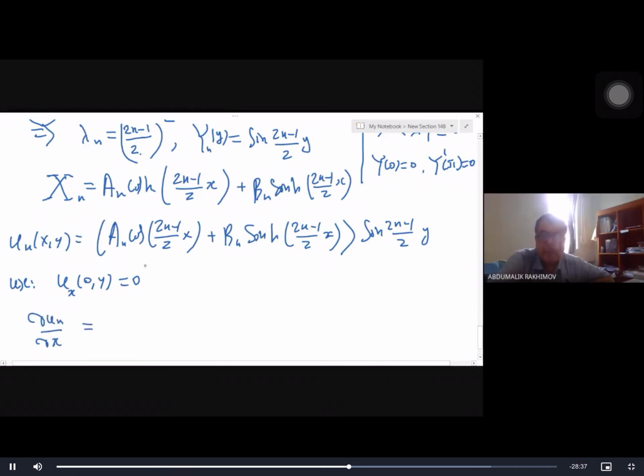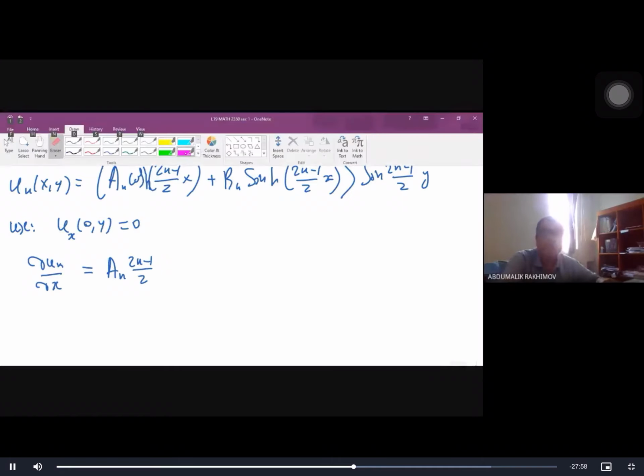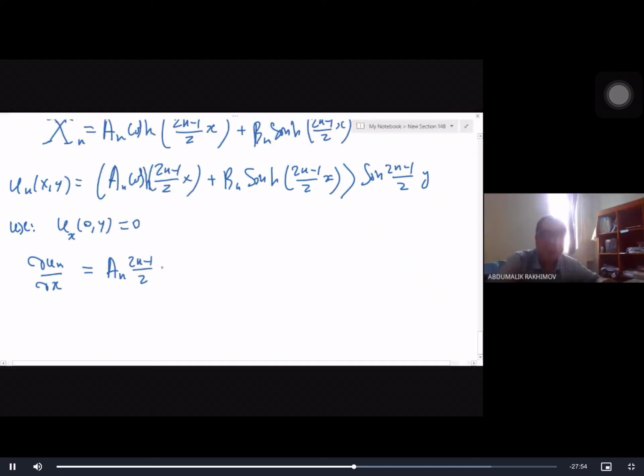So what will be the derivative? It is an times this number, which comes after the derivative, then not cosine, it will be sine hyperbolic after differentiation, 2n minus 1 over 2 x. That is the derivative of the first term.